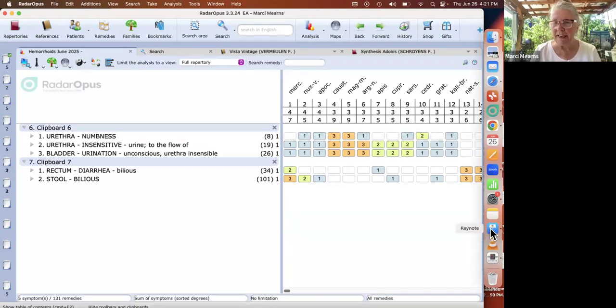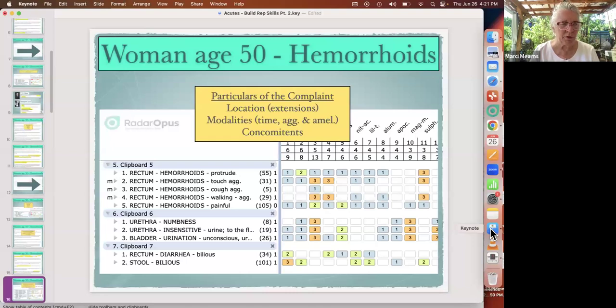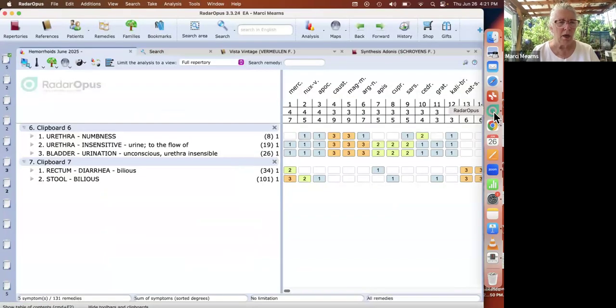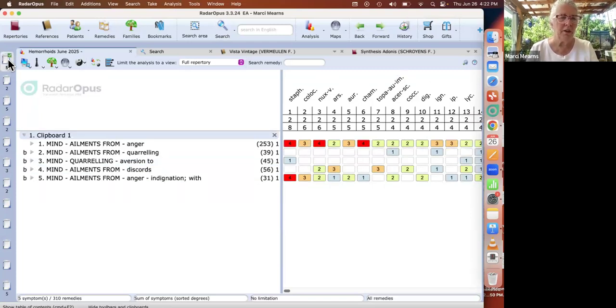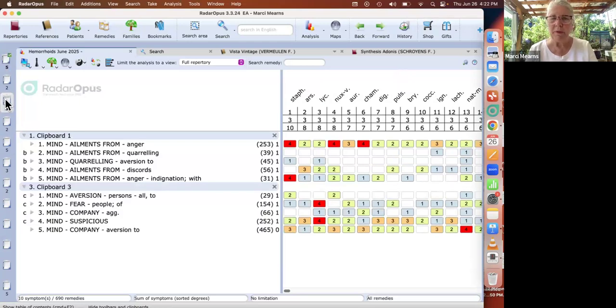Okay, so we're getting down to time to prescribe here. So before I reveal what I did for this patient, I'm just curious if anybody wants to share an opinion, a suggestion. Here's our etiology. Here's our mentals.